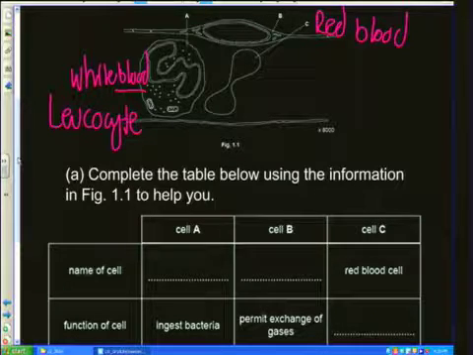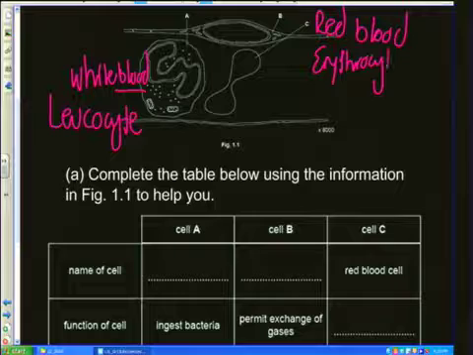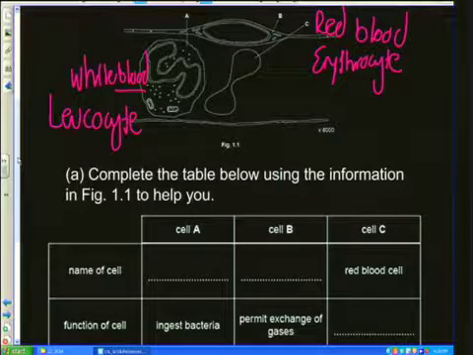Again, you might use the word red blood corpuscle, and as I said, erythrocyte.